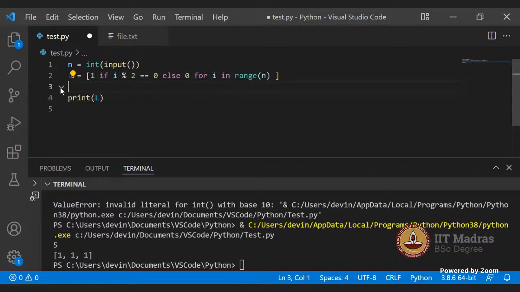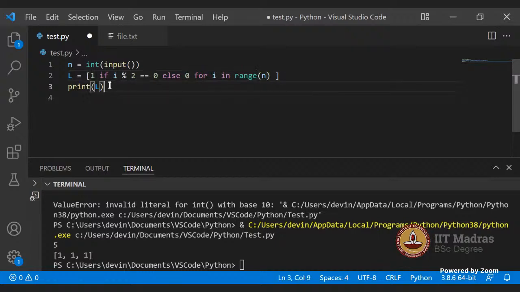I'll remove this. So we are going to look for all I values in range of n, and the value which we are going to append to the list is going to be 1 if I percentage 2 equals 0, else we are going to append 0.